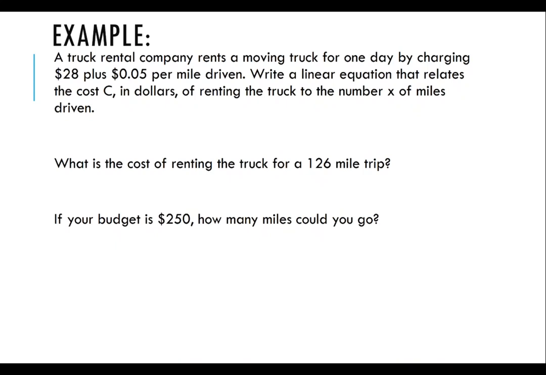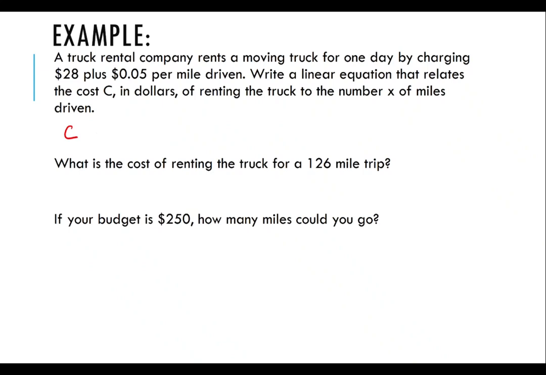A truck rental company rents a moving truck for 1 day by charging $28 plus 5 cents per mile driven. We want to write a linear equation that relates the cost C in dollars of renting the truck to the number x of miles driven. So this is going to be some equation.